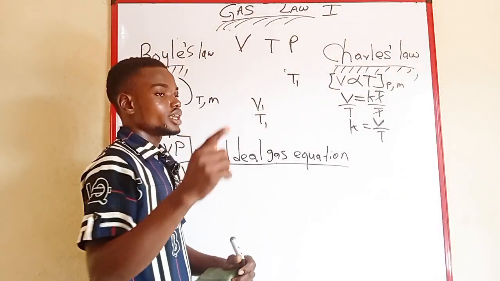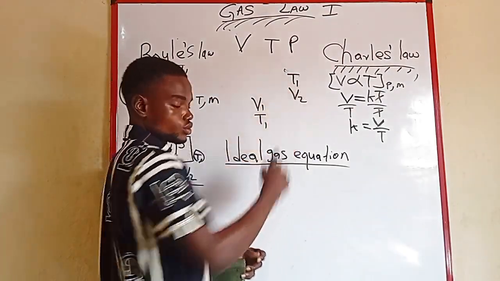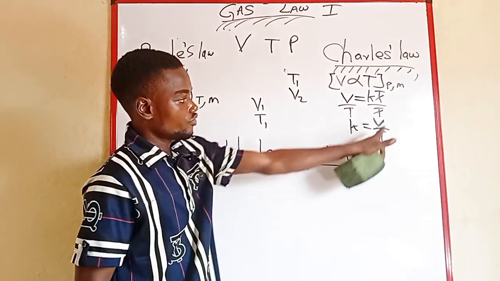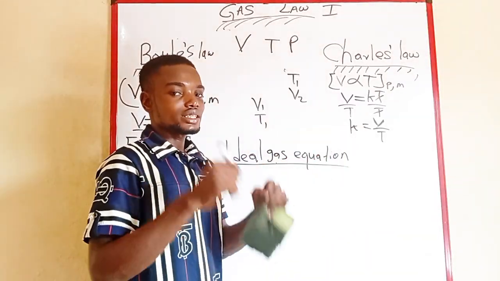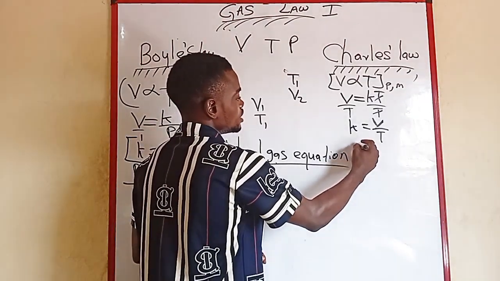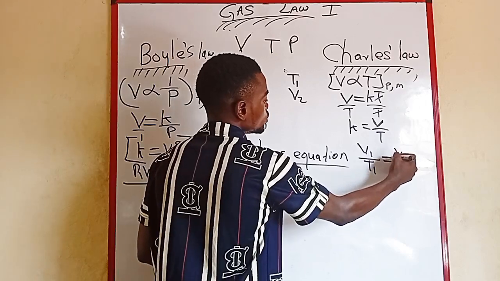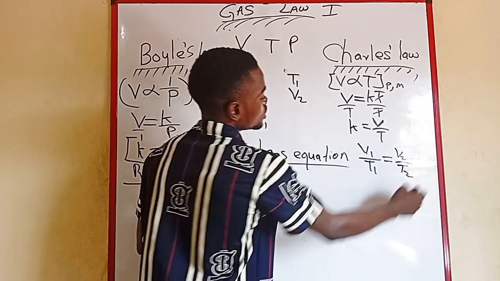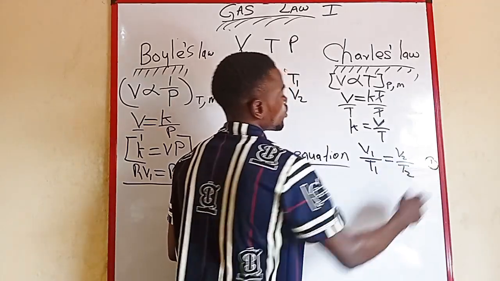It is going to cause a change in the volume, which we take as V2. Now, because V over T is constant for that same mass of gas, V1 over T1 will be equal to V2 over T2. And this is our equation for Charles's law.